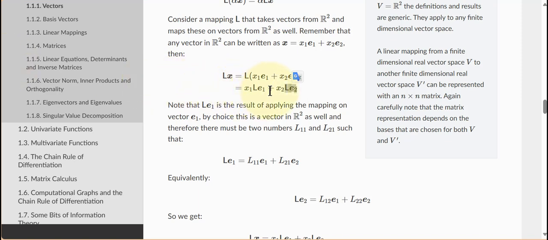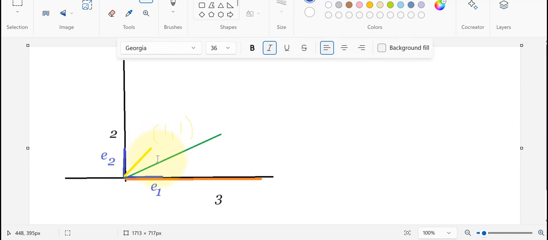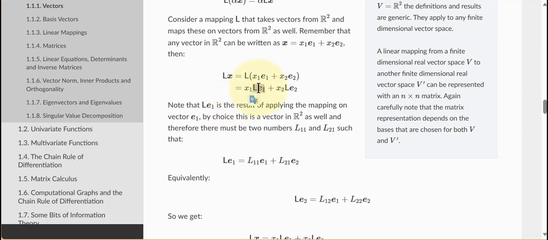Now, since this thing here is a vector in R2, remember that every vector in R2 can be expressed as a linear combination of the basis vectors. That is, any vector can be written as a linear combination of E1 and E2. So in particular, this can be written as a linear combination of E1 and E2.